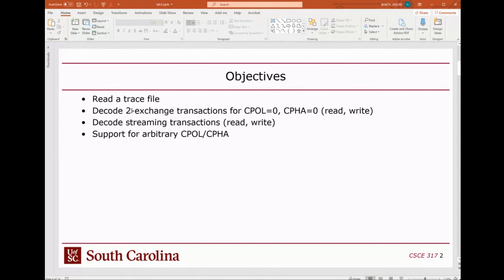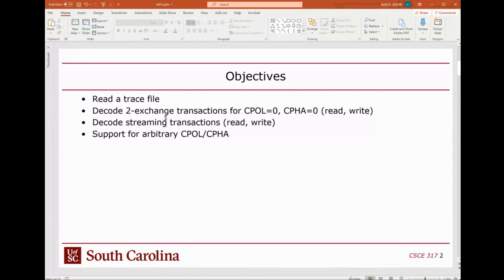In the first part, you're going to be decoding the 2-exchange transactions, meaning transactions that involve a single byte being read or written, and it requires 2 exchanges because the first exchange is the address and the second exchange is the data.